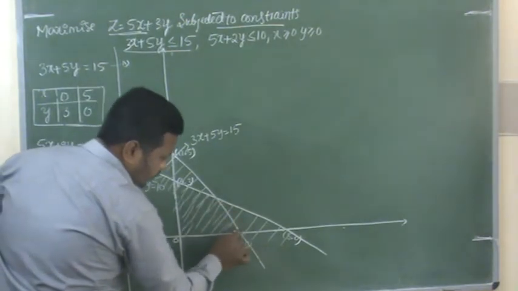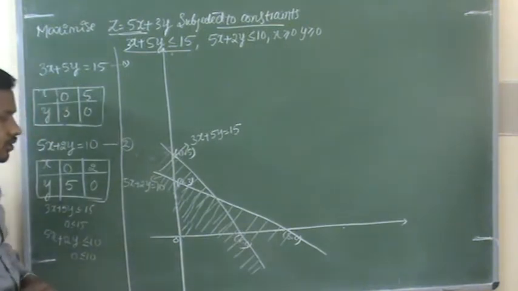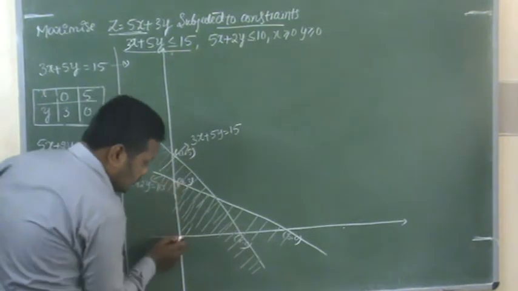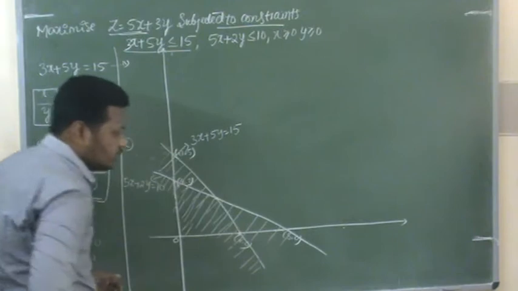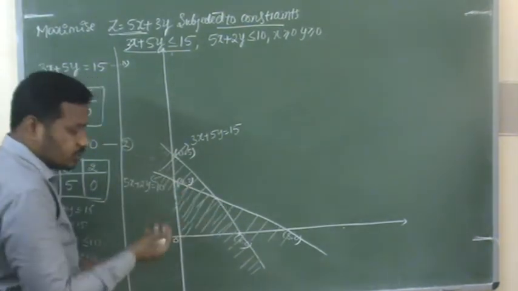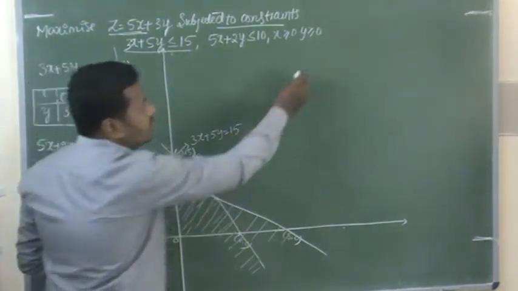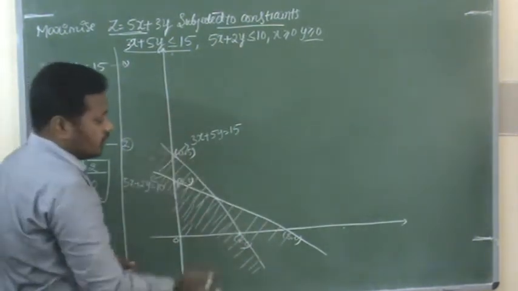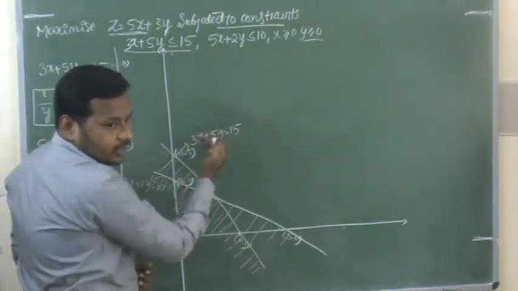See here, the common region obtained is the feasible region. It includes all the constraints, including the non-negative constraints. Y is greater than or equal to 0, so the shaded part is the upper side, and x is greater than or equal to 0, so the shaded part is the right hand side.